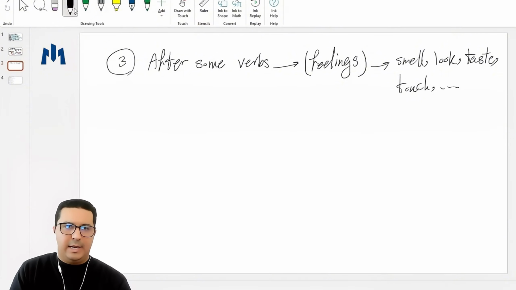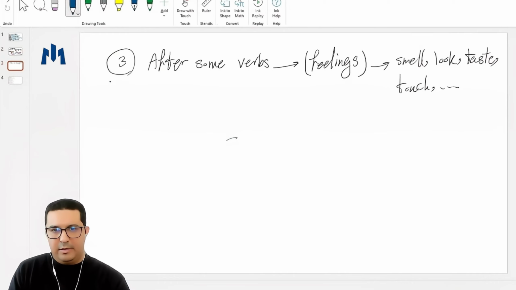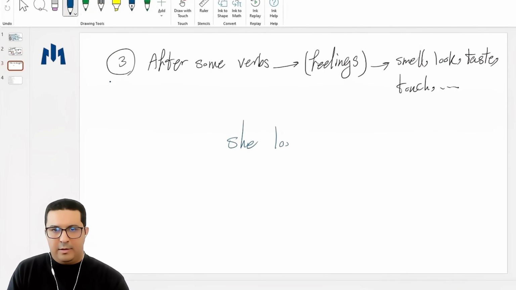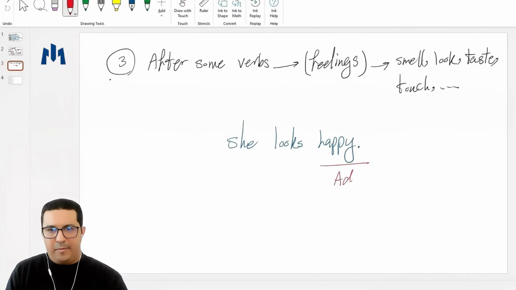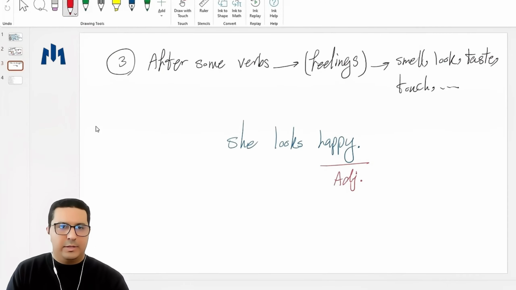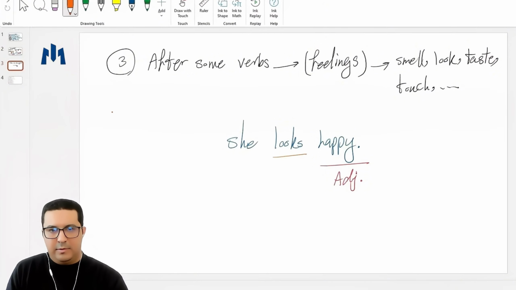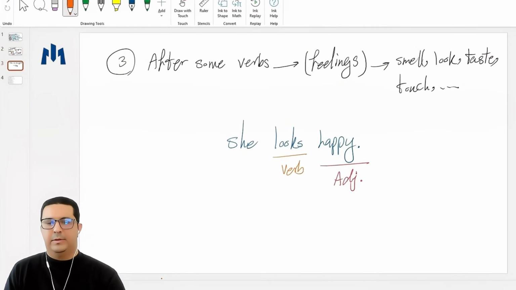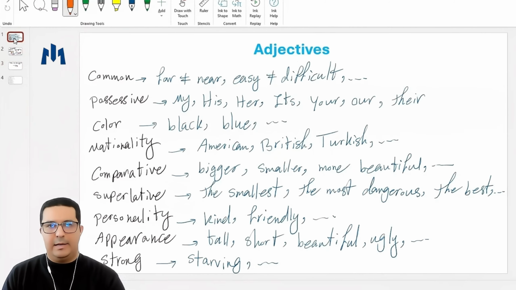For example, you can say she looks happy. As you see, happy is an adjective, and looks is the verb. After some verbs related to your feelings, you can use an adjective. Okay. So again, coming back to this part.